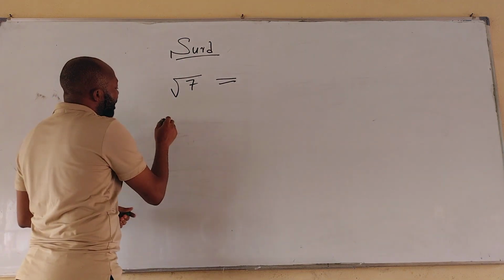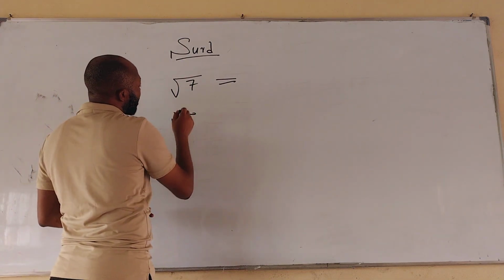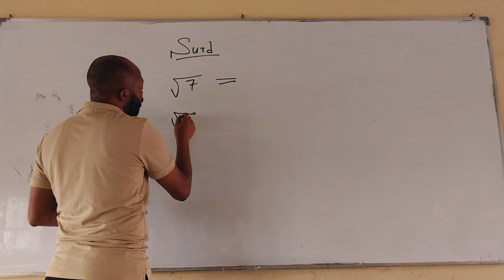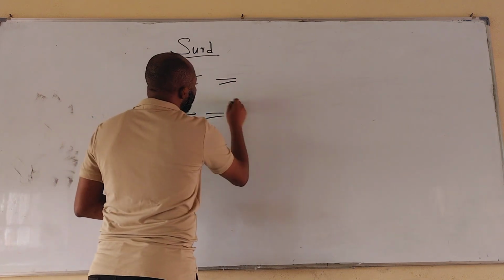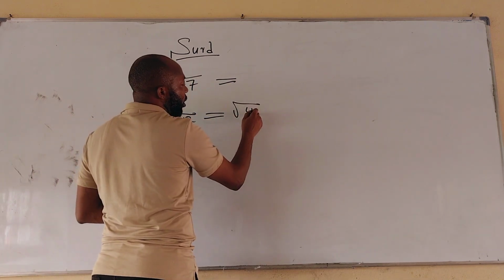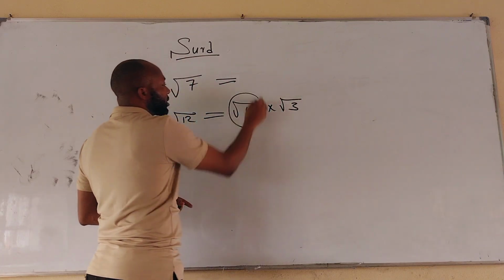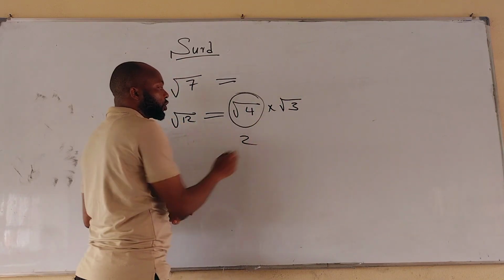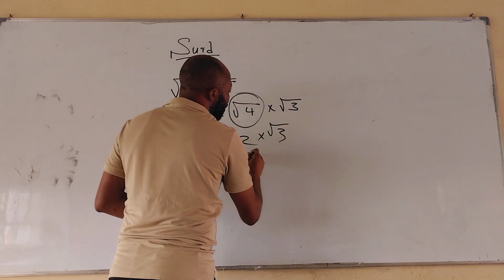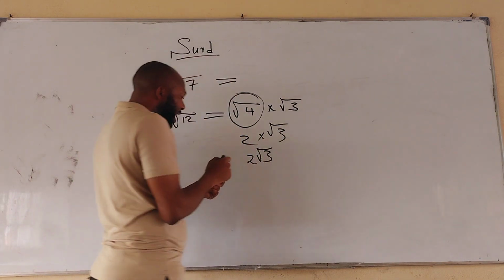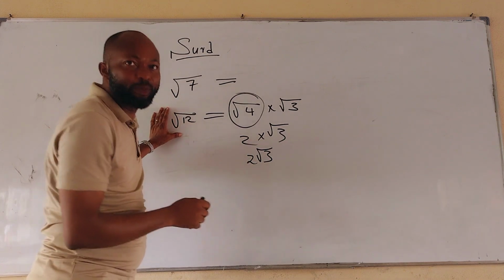But if I have something like root 12, where I know that this can give me root 4 times root 3, the root of 4 is 2, times root 3, which is 2 root 3. So realize that this is not in its basic form.